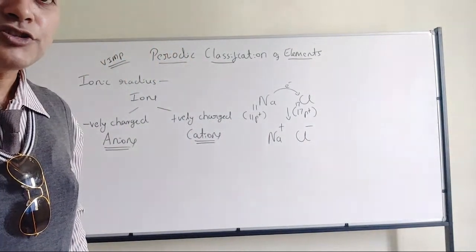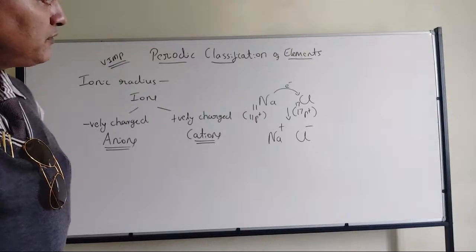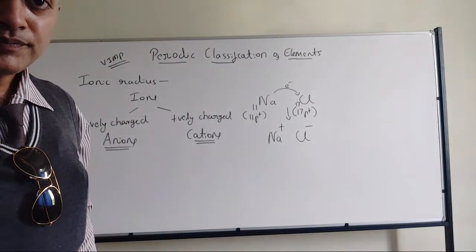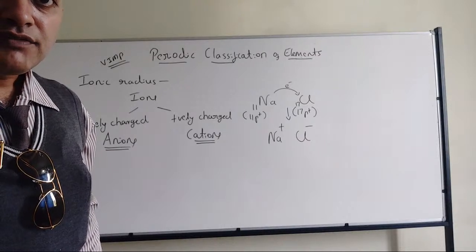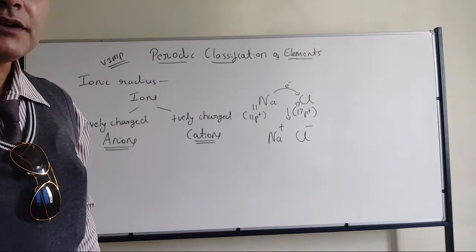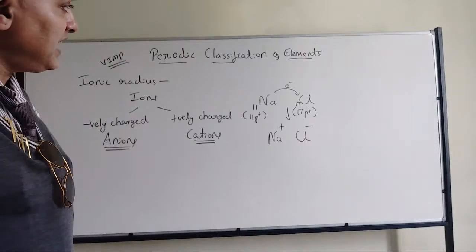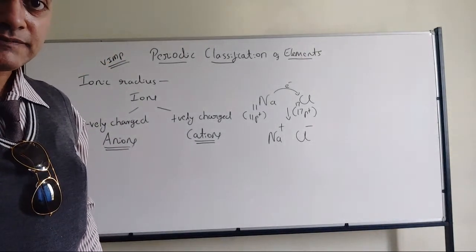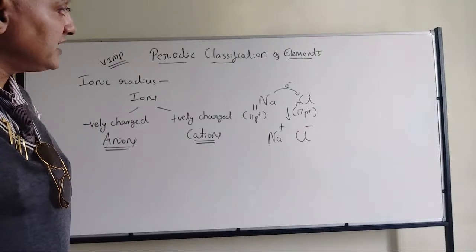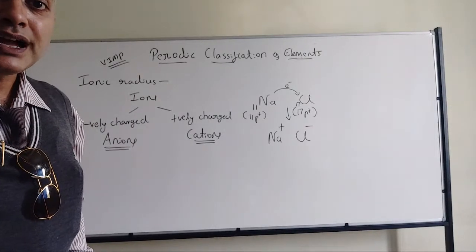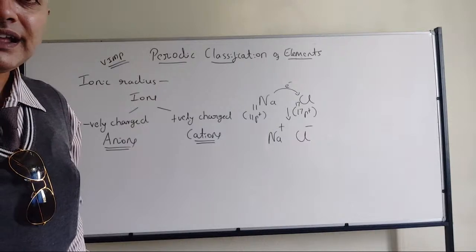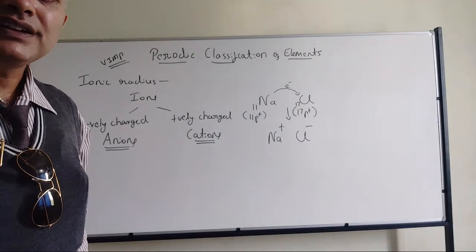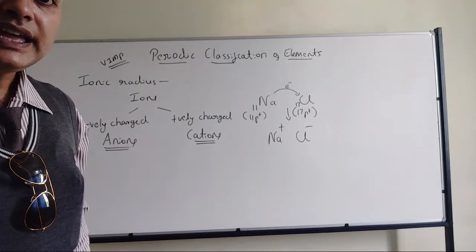What is happening here? Is there any change with respect to protons? When sodium has donated its one electron, has the atomic number of sodium changed? Any one of you? Sodium as an atom has an atomic number of 11, where 11 protons are present inside the nucleus. Now my question is, when sodium becomes Na+ by donating one electron to chlorine, will the atomic number of sodium change?